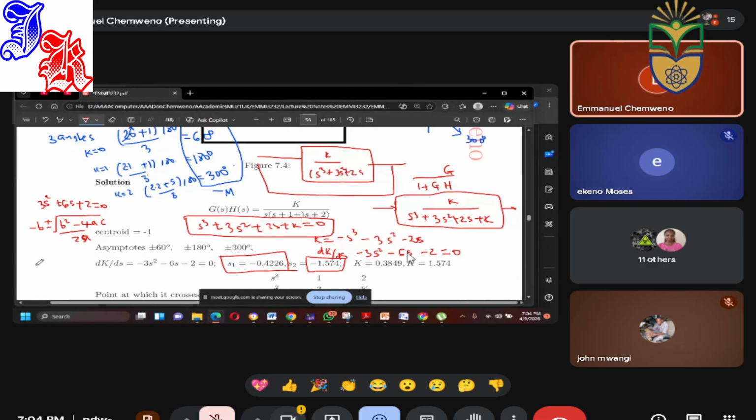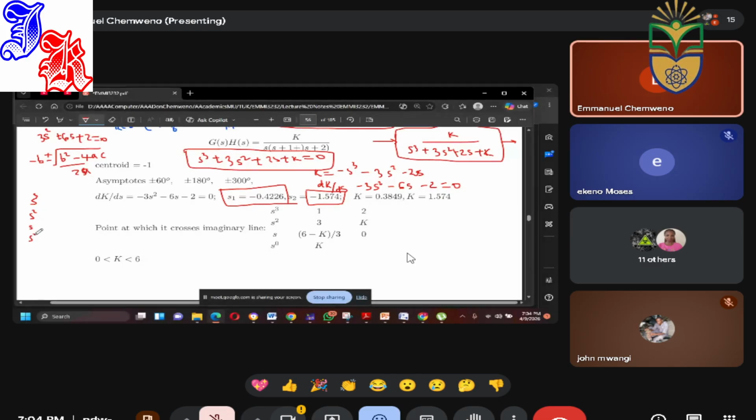So I'll say s cubed, s squared, s, and s to the power 0. So 1, 3, and 2, k. Then 6 minus k over 3, and this is 0. And this k will come here. So k should be greater than 0.